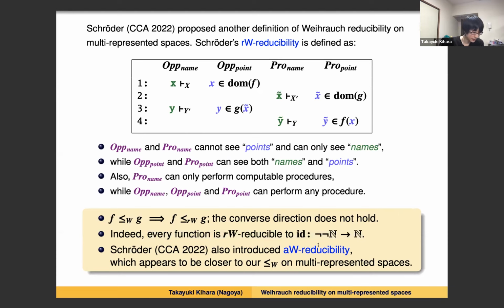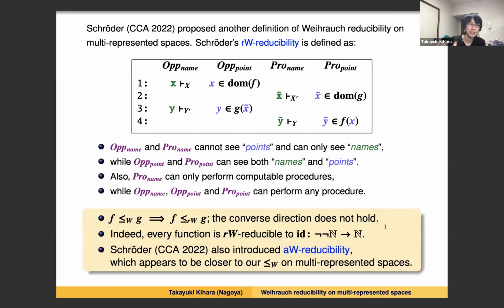In addition to RW reducibility, Schroeder also introduced AW reducibility, but the definition of AW reducibility is unintuitive and a bit complicated. So I'm not sure of the exact strength, but it seems relatively close to our Weihrauch reducibility. But at this time, I'm not sure if they are the same or not.